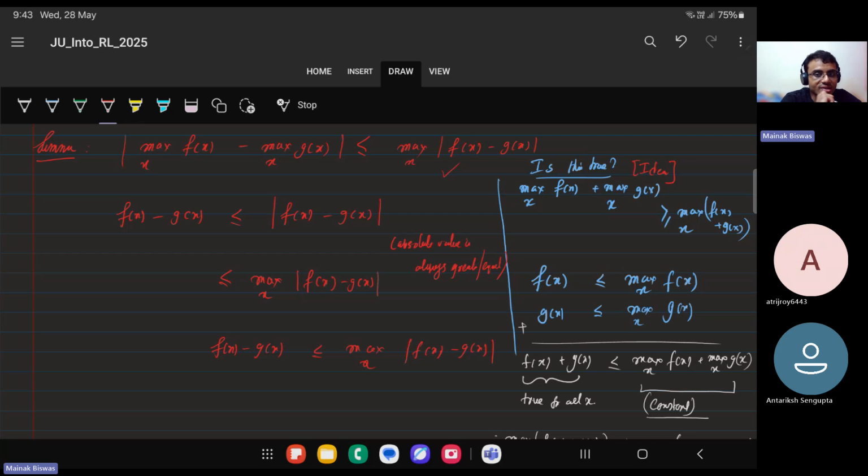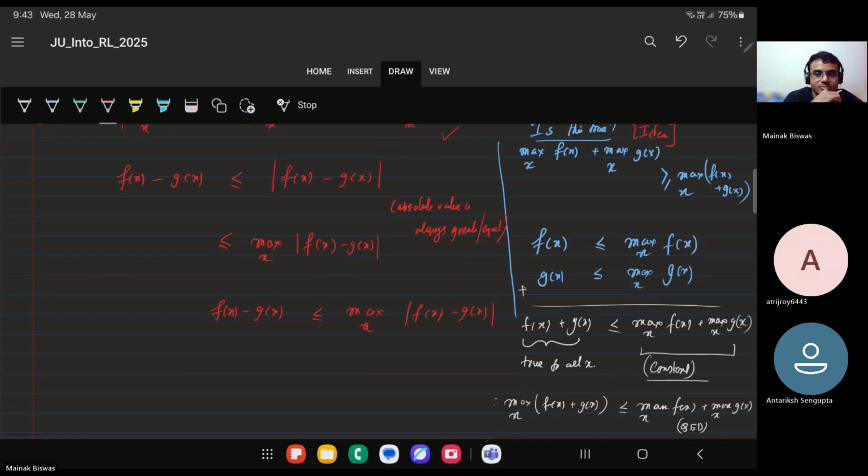I have already given the hint on the right hand side of the screen in the blue. Can you hear me? Yes. So firstly, we can write on the left hand side greater than or equal to f of x minus max of g of x, because that's something that I can do.